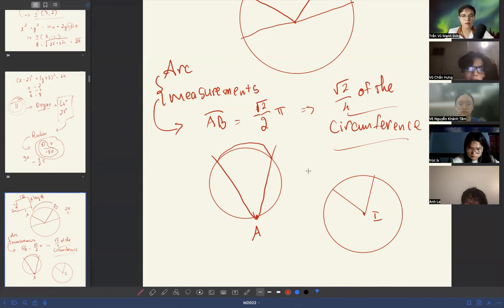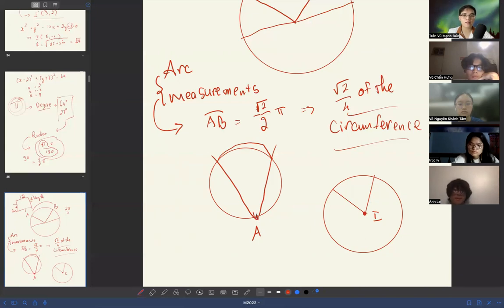They seem to have the same measurement, right? But they're very different. The only thing different is the origin, and secondly, the measurement itself. No, I'm sorry.